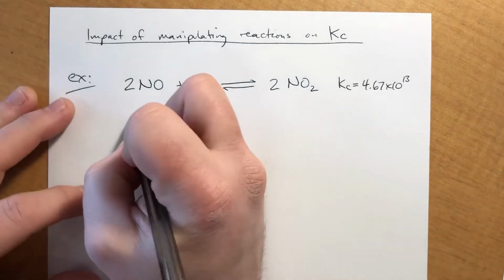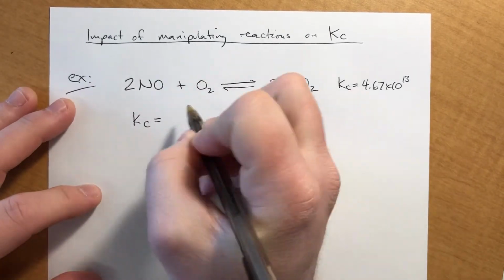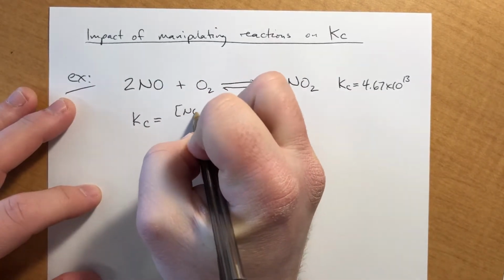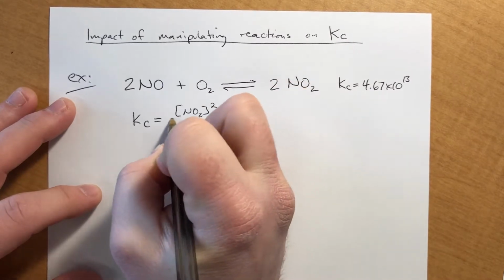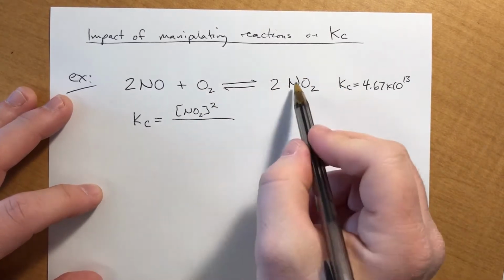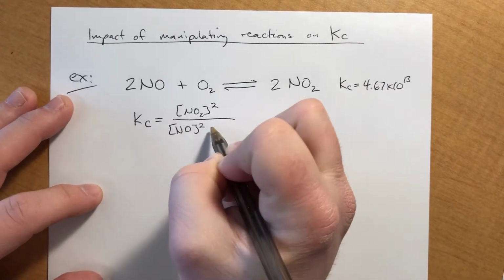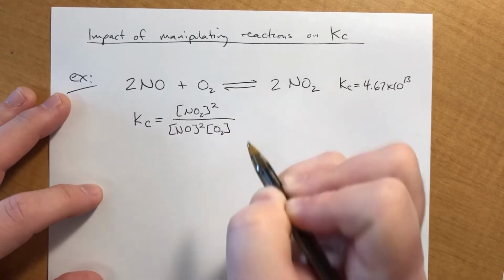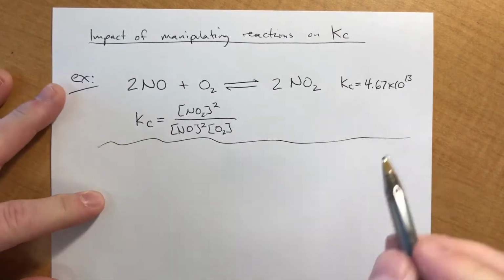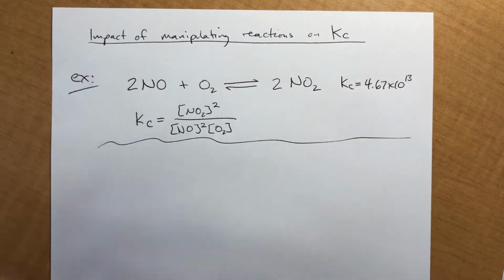Okay? And we could write out what Kc is equal to. This doesn't really tell us anything new, but I just want to get you extra practice at seeing how this works. So it'd be products over reactants raised to the coefficients. Okay, great. Some random Kc value.